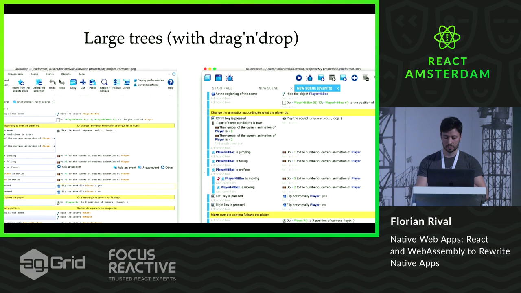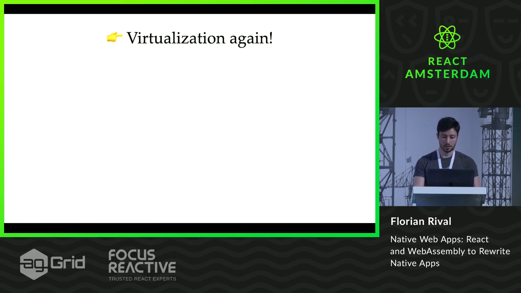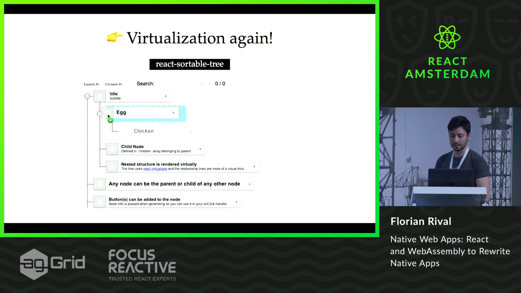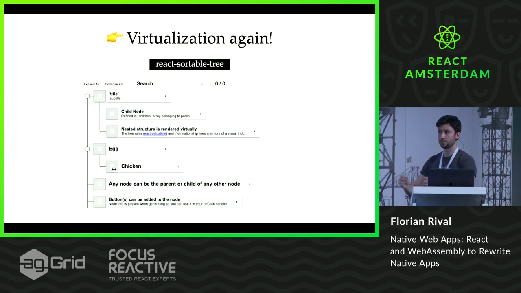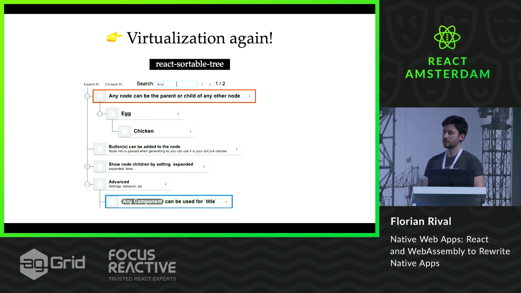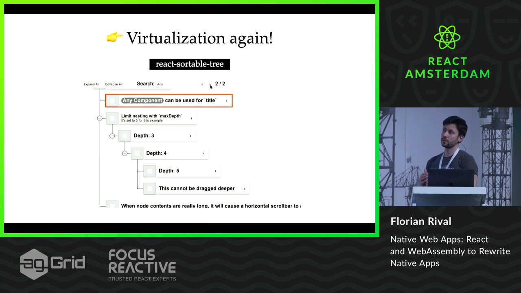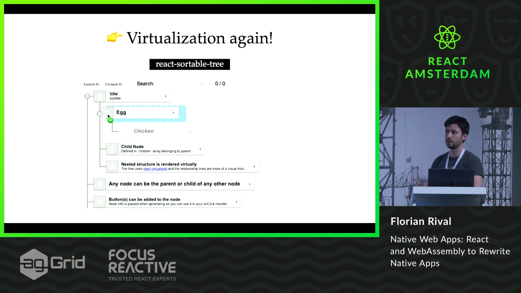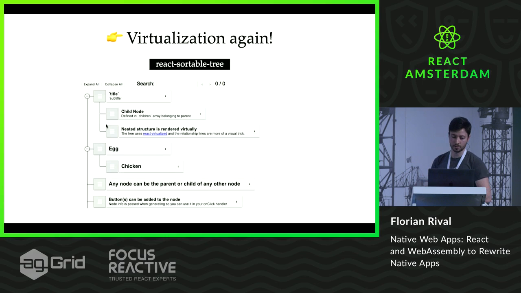And for this, it turns out that virtualization was again a solution, using this time React Sortable Tree, which is basically doing what I want. It's displaying a tree of nodes that you can reorder again. And the interesting property is that as I have thousands of events in a game, I want to be able to virtualize them so that I have only a few events to render on the screen.